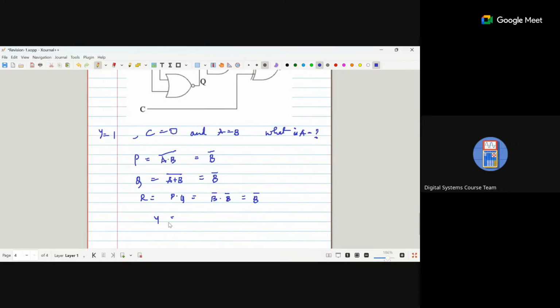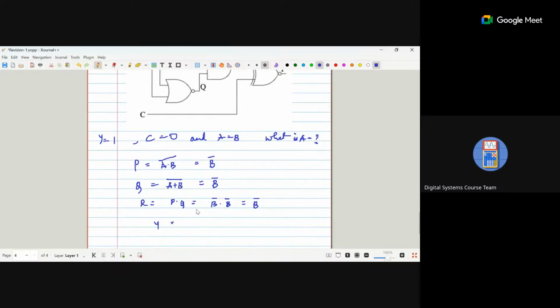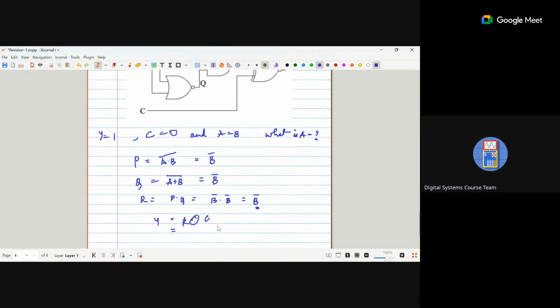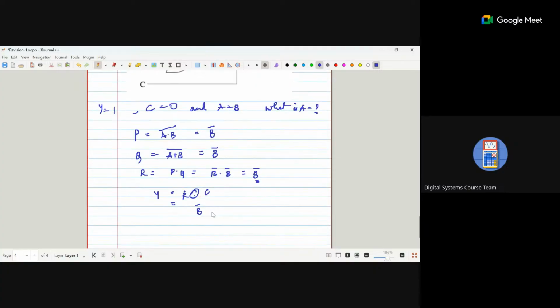Correct. So now finally your Y will be equal to R XNOR C, right? And for this, what is your R? B complement. And what is your C? 0.